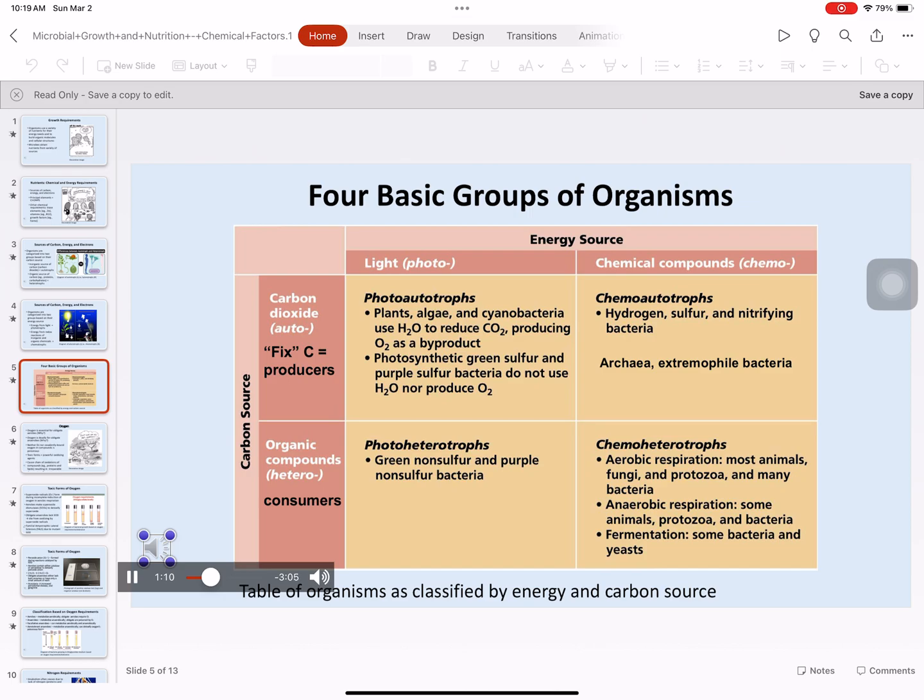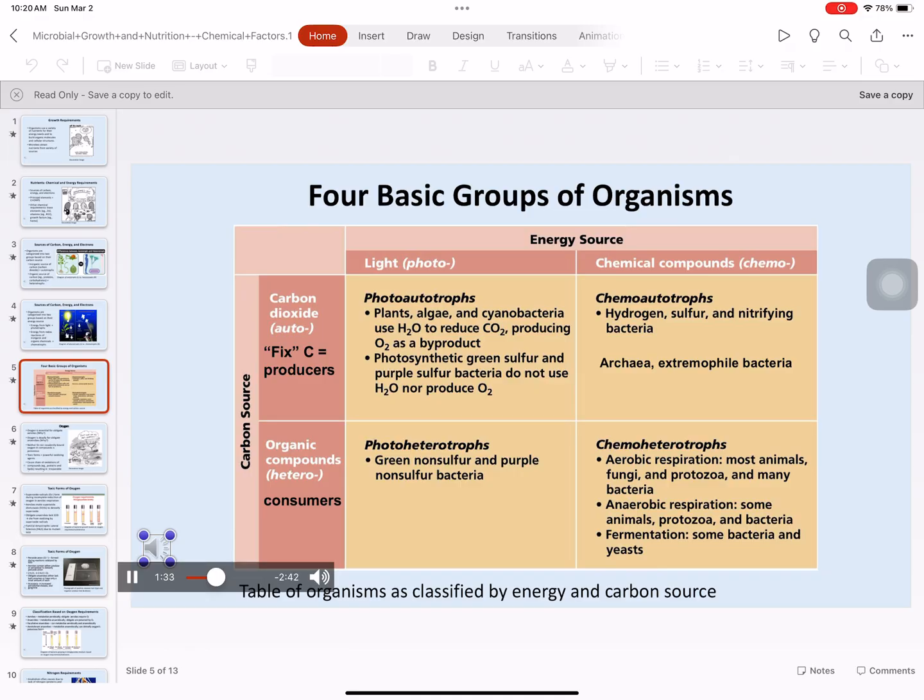All right, so now looking at the top of the table, we have the energy source, and if it's light, then they're considered photo. If the energy source is chemical, then they would be considered chemo.